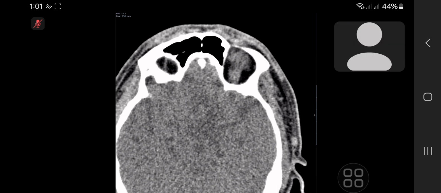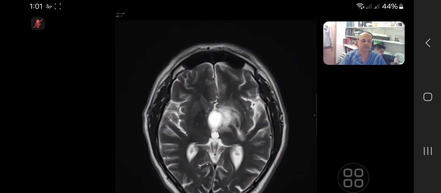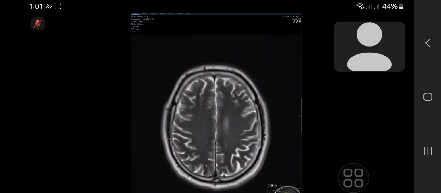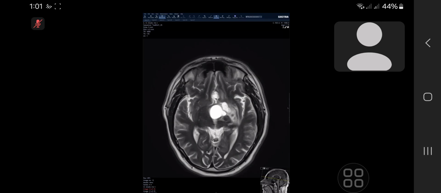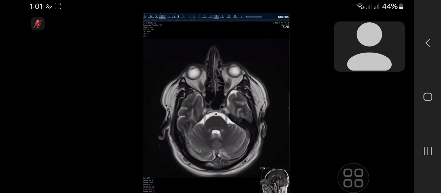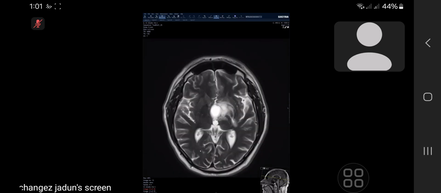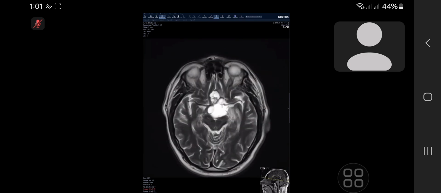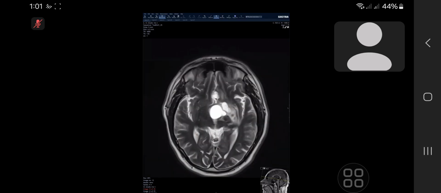Okay, so the MR gets done and this is the T2 that you see, going from the top down. This is axial T2 of the brain. There is a lesion that appears mainly T2 hyperintense, centered in the suprasellar area, displaying the circle of Willis vessels around it, extending into the interpeduncular area and the floor of the third ventricle.